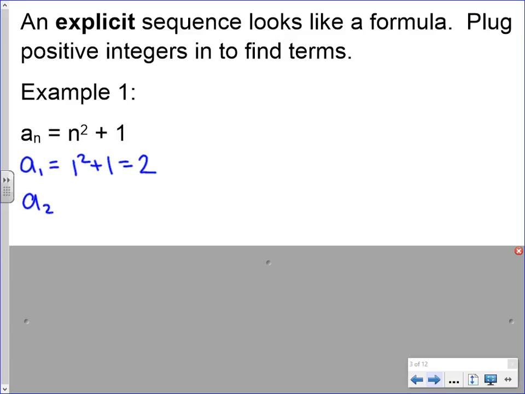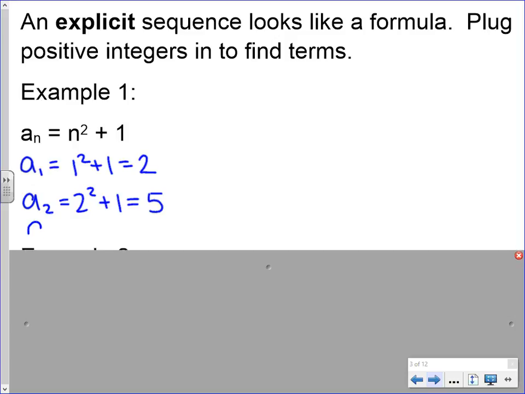Our second term means we're plugging 2 in for n. Our third term means we're plugging 3 in for n.